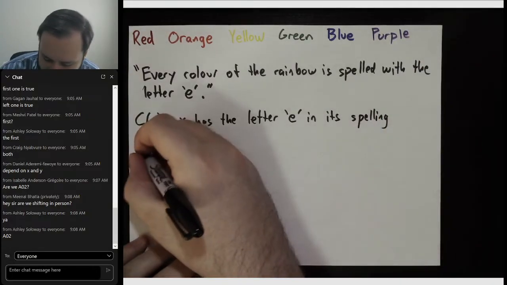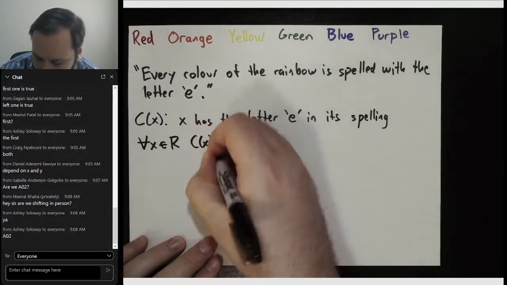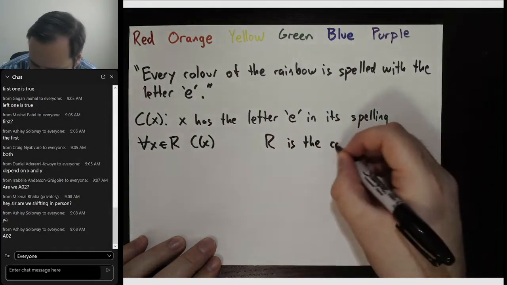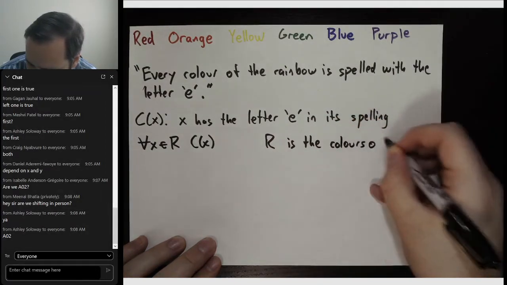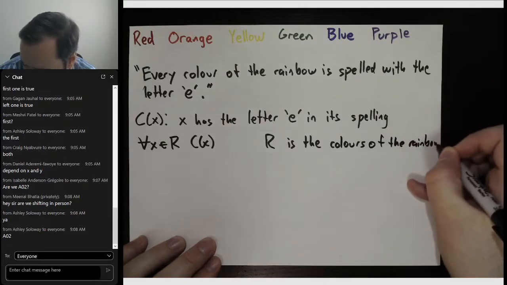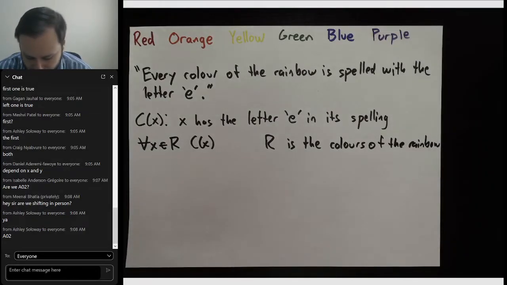And then for all x in R, C of x, where R is the colors of the rainbow. So there's my statement as a mathematical statement.